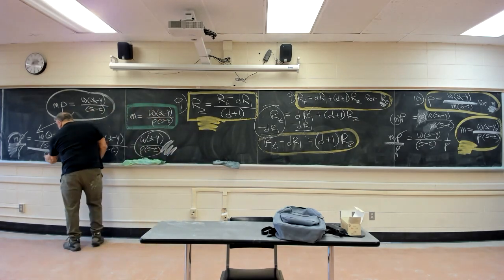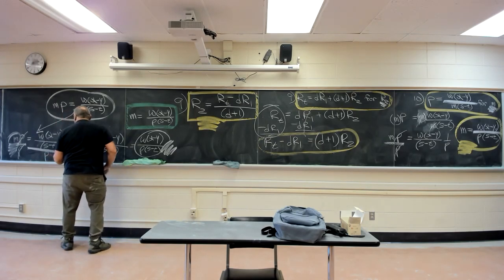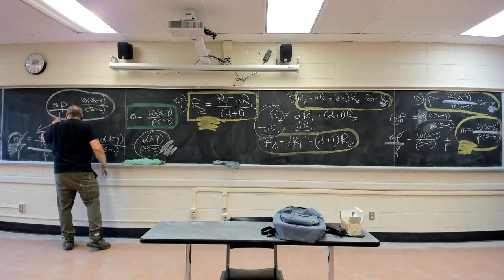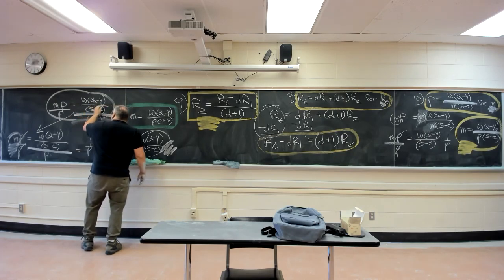Dividing by P is the same as dividing by P over 1. In other words, if I were to divide by P, P is P over 1.